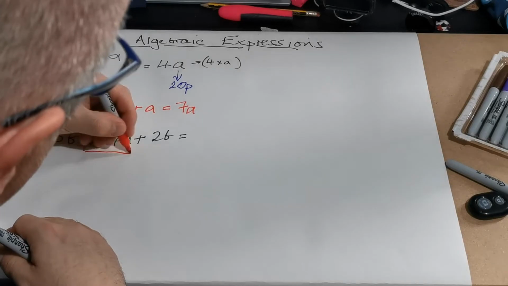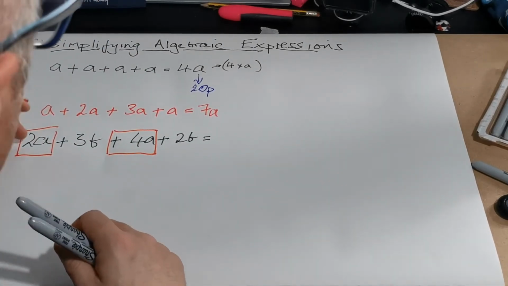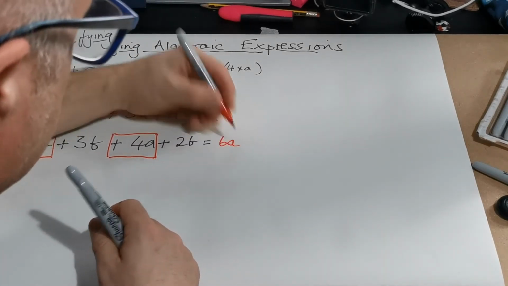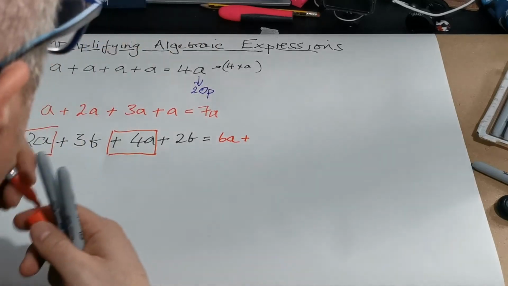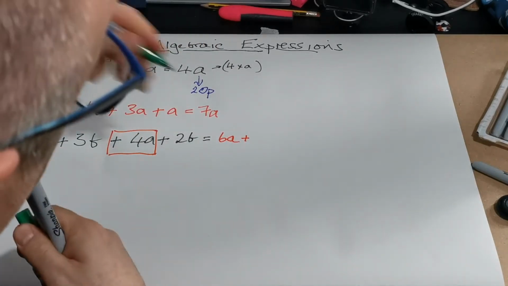Now it's important here to include the sign with that as well. So 2 apples plus 4 apples is 6 apples, and then 3 bananas plus 2 bananas is 5 bananas.